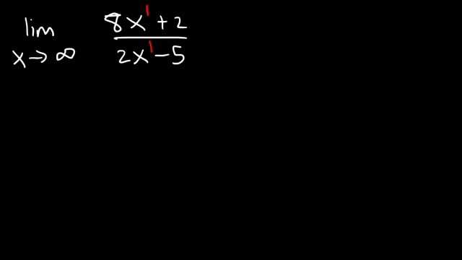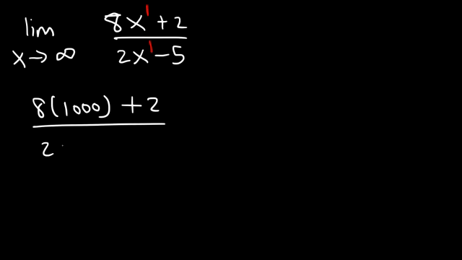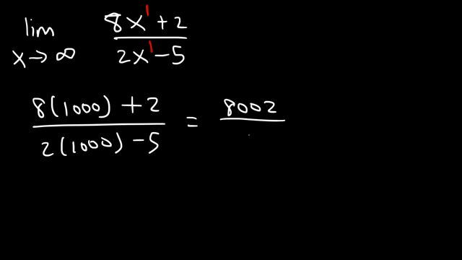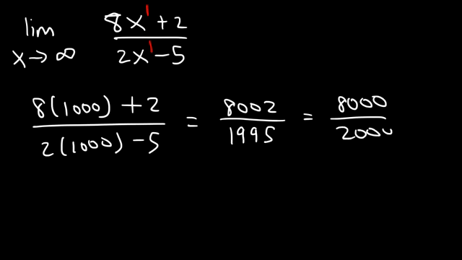Now, imagine if we plug in 1,000, a very large number. This would be 8 times 1,000 plus 2, over 2 times 1,000 minus 5. So this would be 8,002 over 1995. 8,002 is approximately 8,000, and 1995 is approximately 2,000. So the answer is still close to 4.